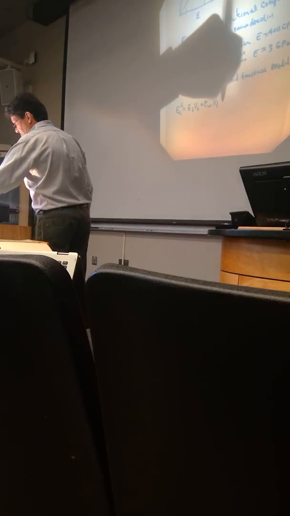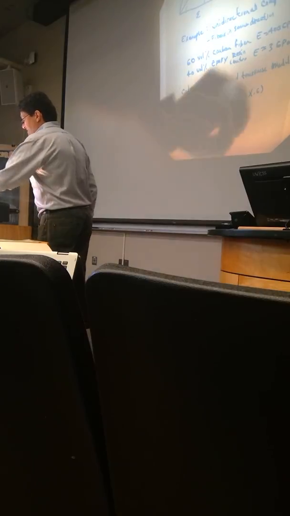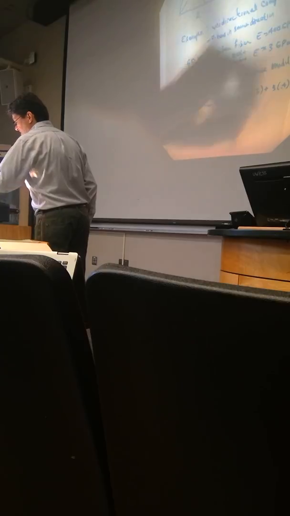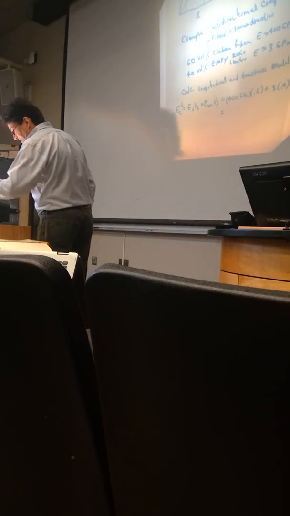That's basically just plug and chug. So it would be 400 GPa times the volume fraction, which is just 0.6, it's not percent, plus 3 times 0.4. So you would come up with an elastic modulus, if my math is right, of 241 GPa.